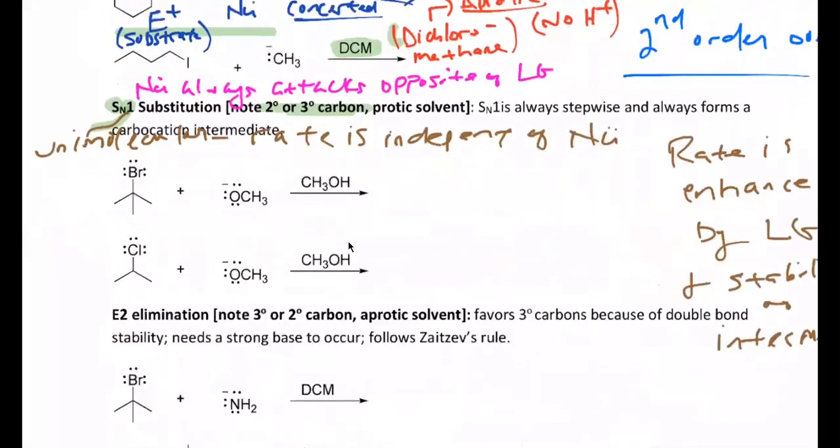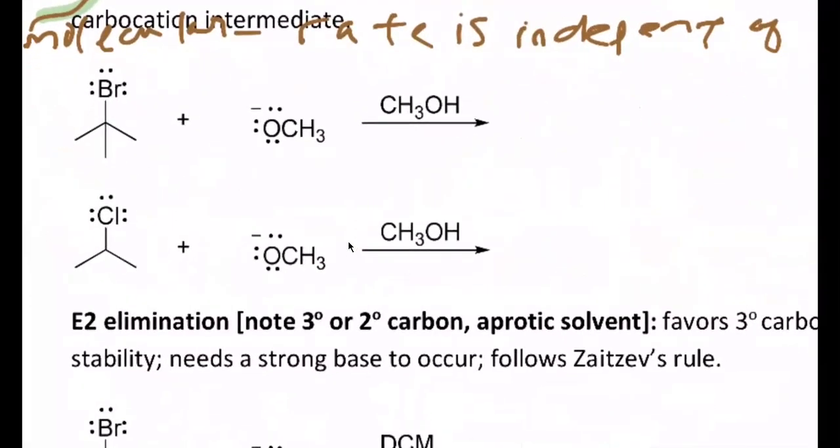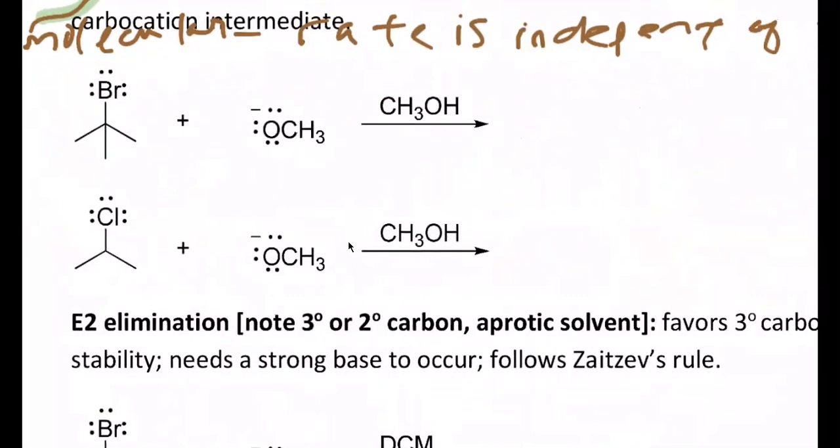And here, since we have already gone through the mechanism, I want to just talk about or predict the product. Right, so for this example here, what is the product? And then we're going to go through and talk about the other components of that reaction too.